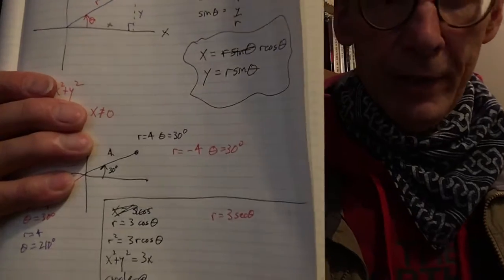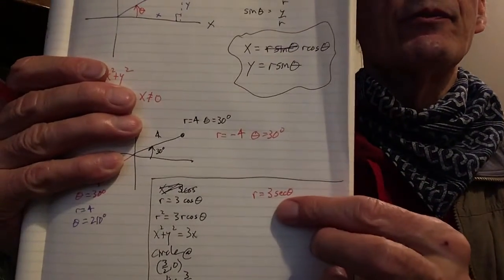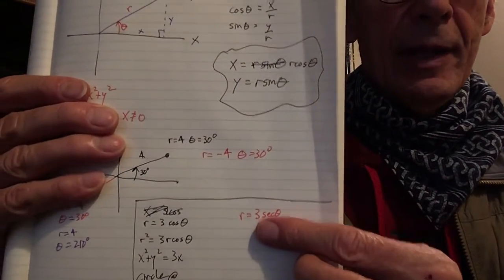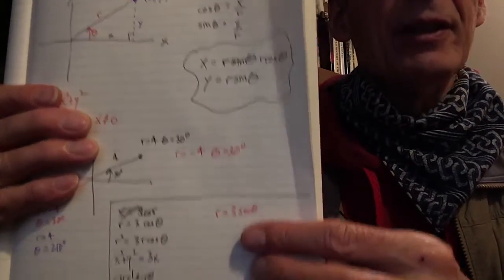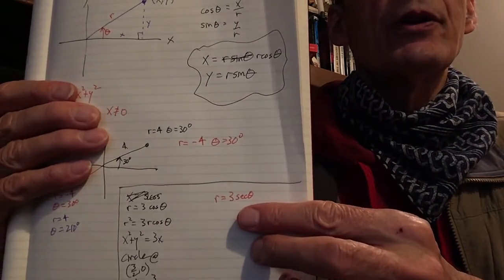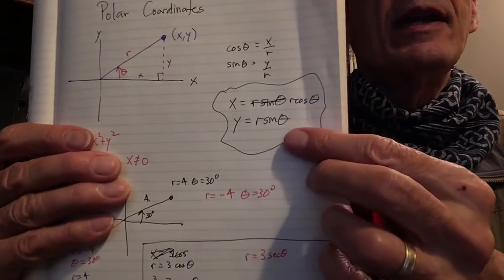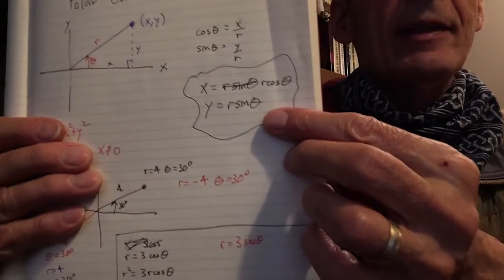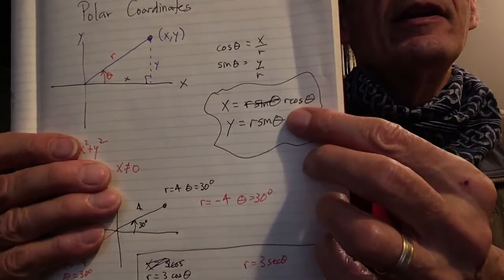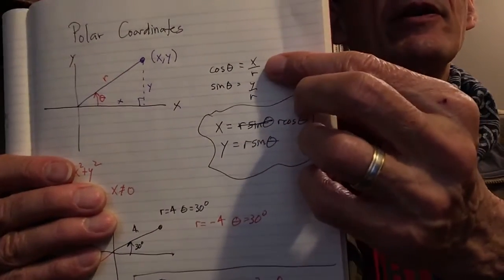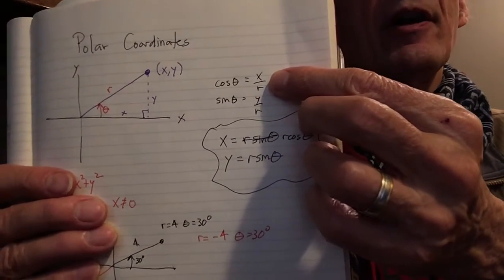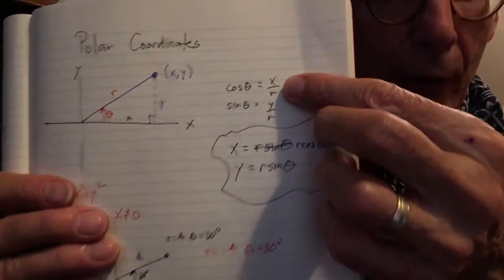The other one, which is a little bit more surprising, is what if we take r is equal to 3 secant theta? This is one of the most surprising things about polar coordinates, is what these secant, cosecant, inverse things look like. And what we're going to do here is say, hey, look, cosine theta is x over r, so secant theta is r over x.